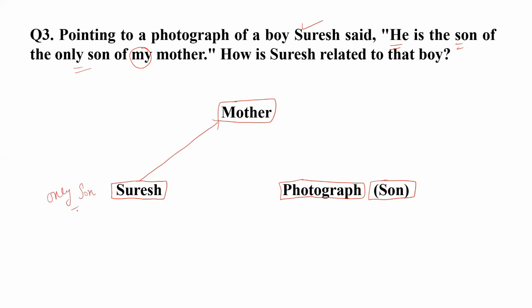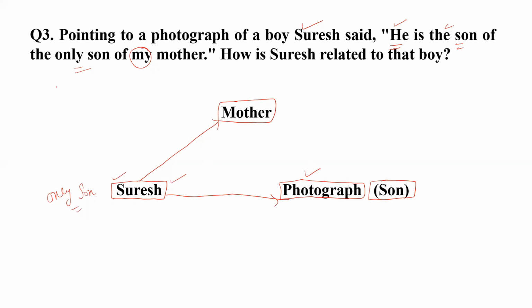So Suresh should be the only son of his mother. And he is telling about the photograph that the photograph is the only son of my mother. That means this photograph is the son of Suresh.